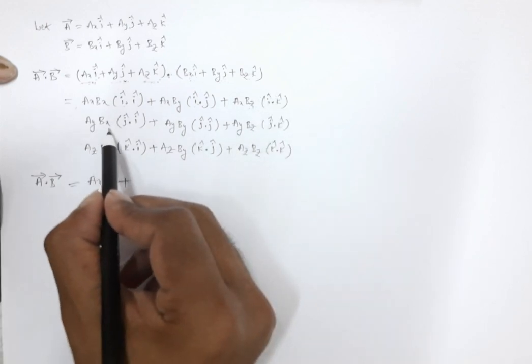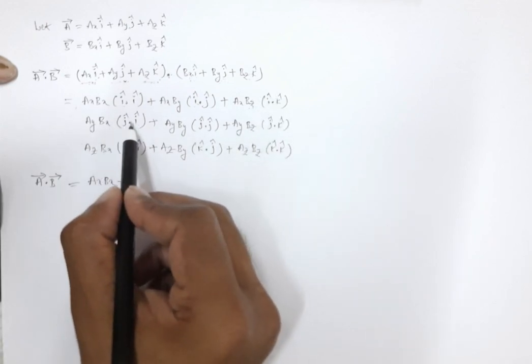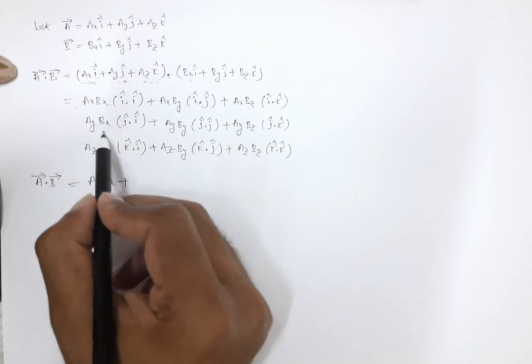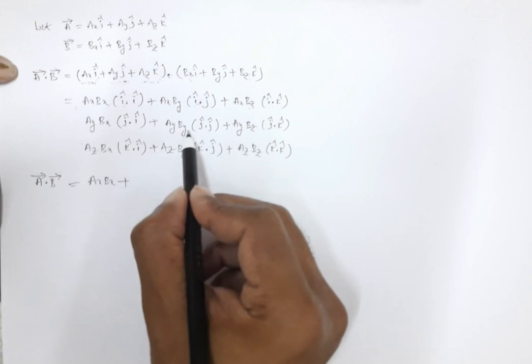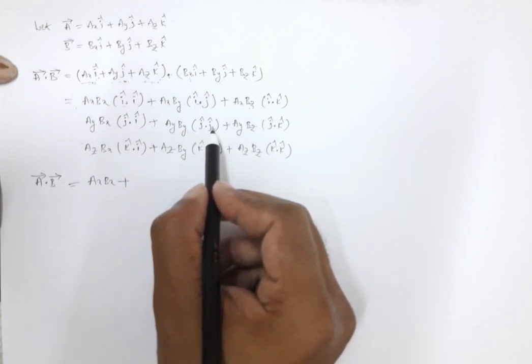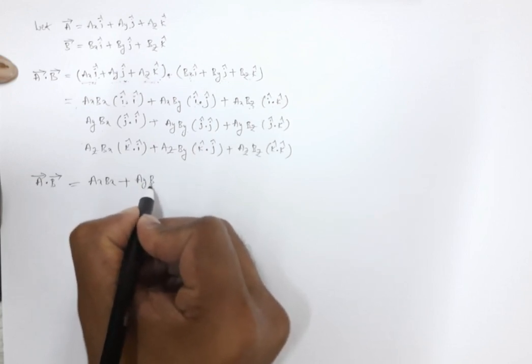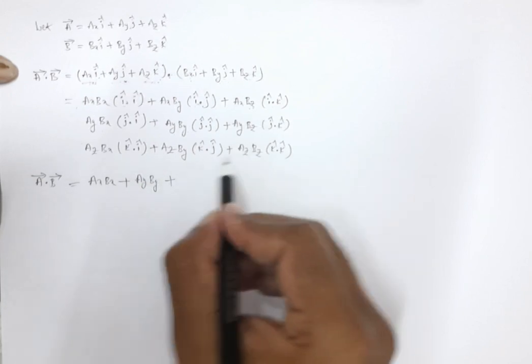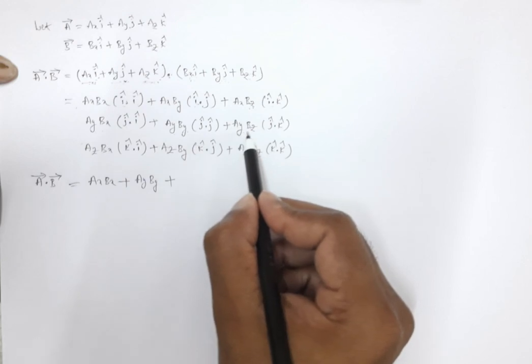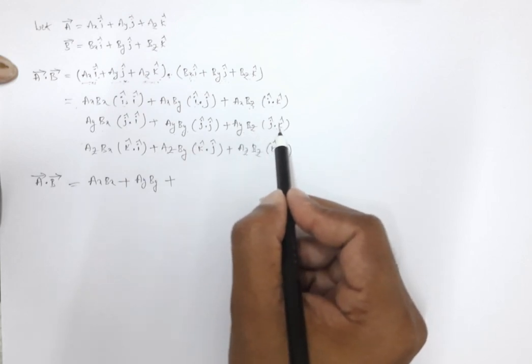And ay bx, j cap dot i cap, is equal to 0. So 0 into something is 0. Next, ay by, but j dot j is equal to 1, so we write ay by. Next, ay bz, j cap dot k cap equal to 0, because these two are perpendicular to each other.